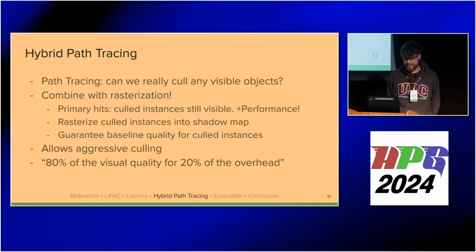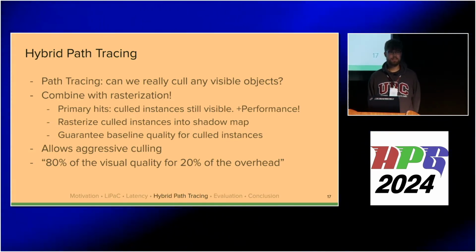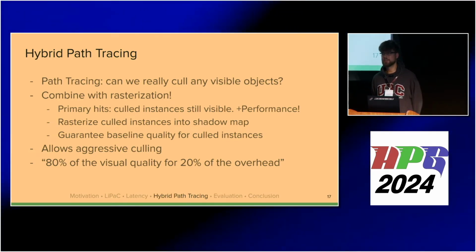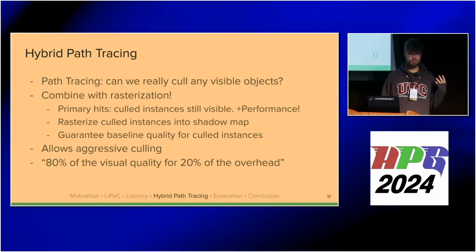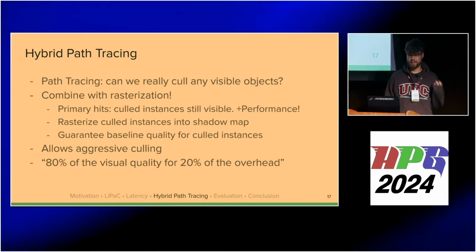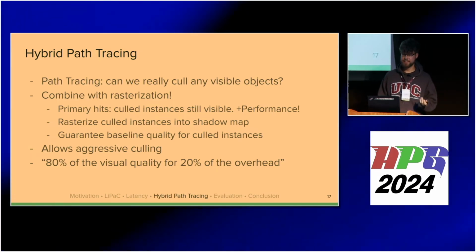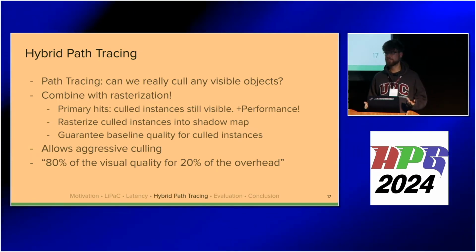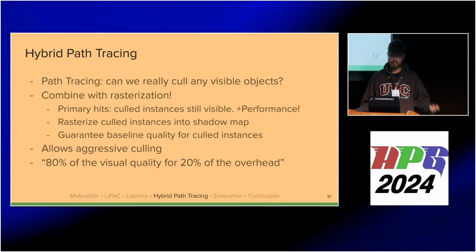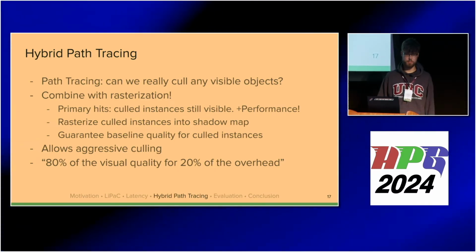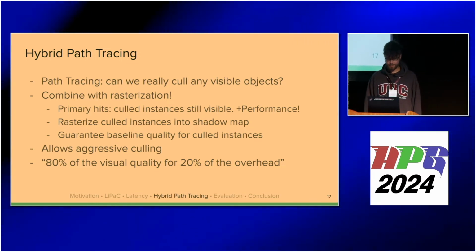All right, but we have to ask ourselves, can we really cull any instances at all when we are doing path tracing? Because even if an object is just really small or just encountered by a small number of light paths, we can expect to get some artifacts when we just cull it and then move around with the camera. Once again, artifacts like objects or shadows popping in, AO popping in, stuff like that.